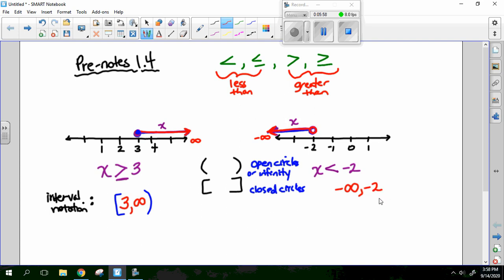So we have to figure out how to finish this interval. Remember, infinities always get parentheses, and open circles get parentheses. So what I'm saying here is this inequality and this interval represent the same thing.